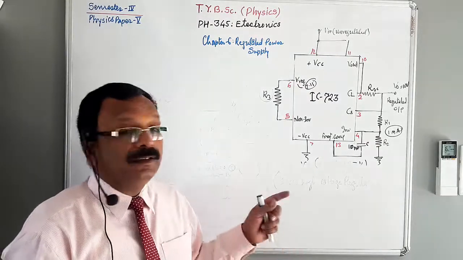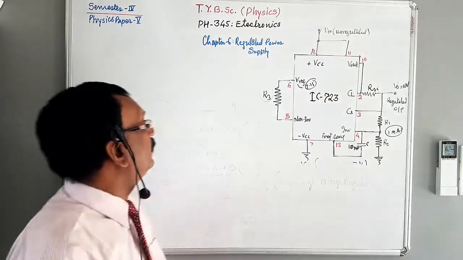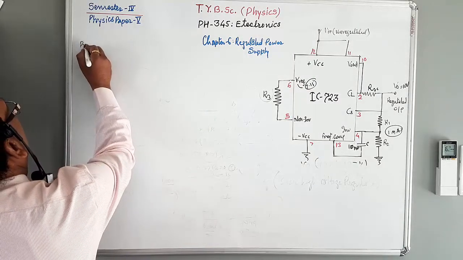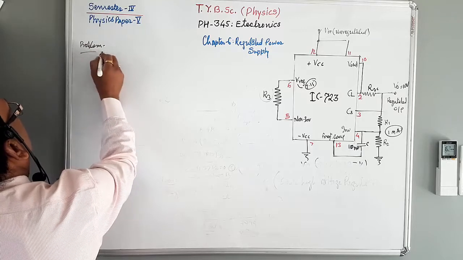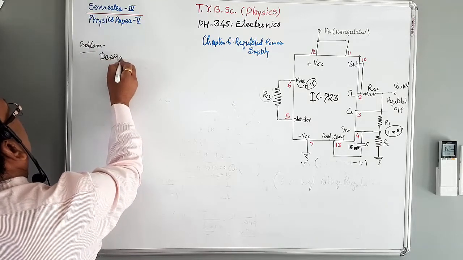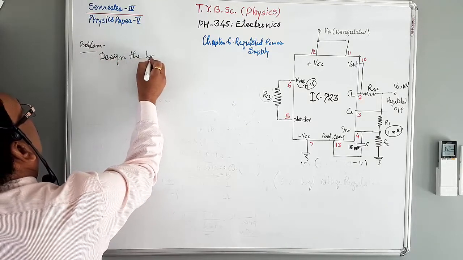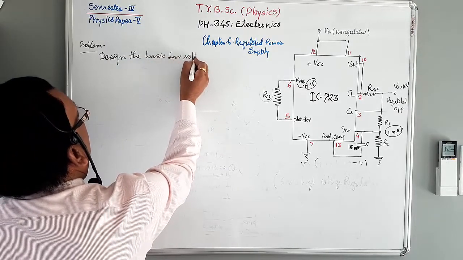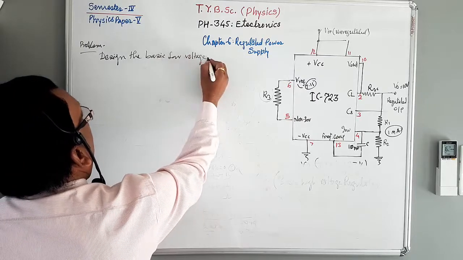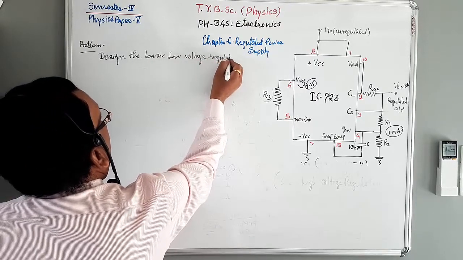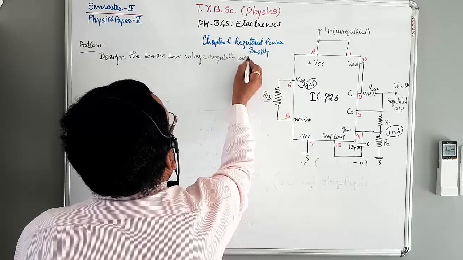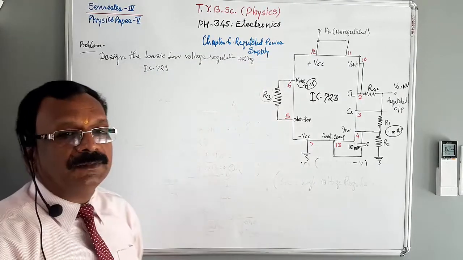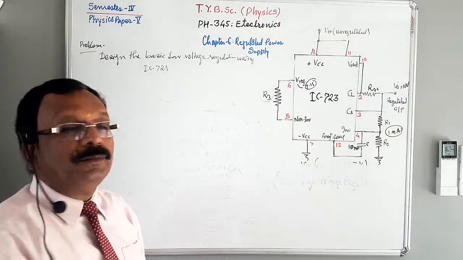Design the basic low voltage regulator using IC 723 from the following data.